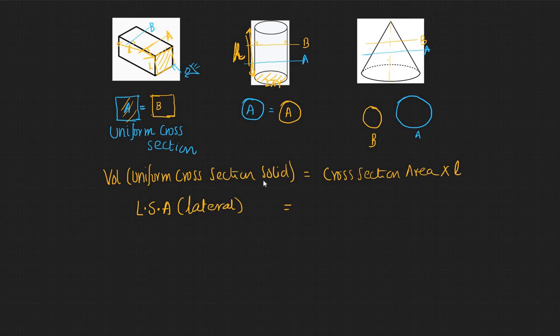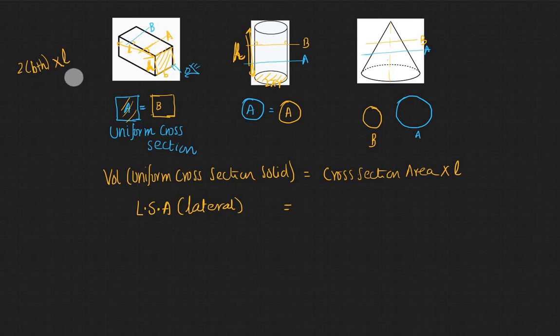So let's say this be B and this be H. So the perimeter would be 2 into B plus H. That'd be the perimeter into the total length, right? So that'll be 2LB plus 2LH in this case.